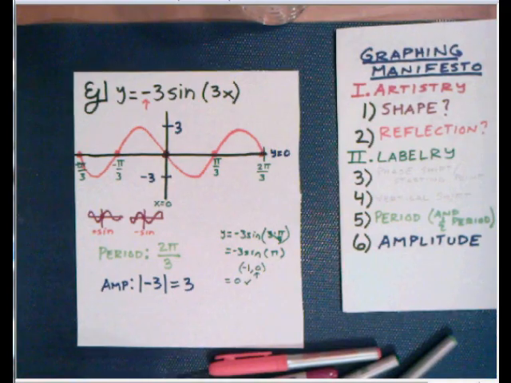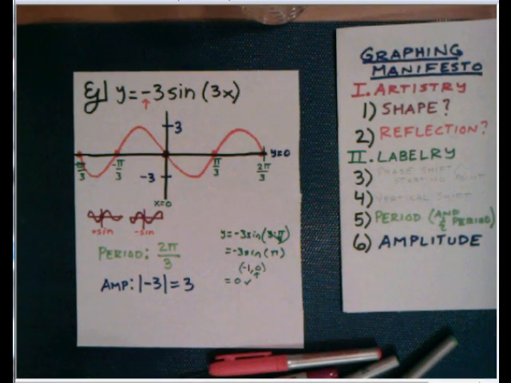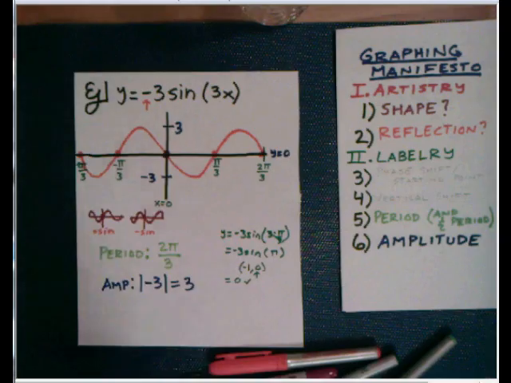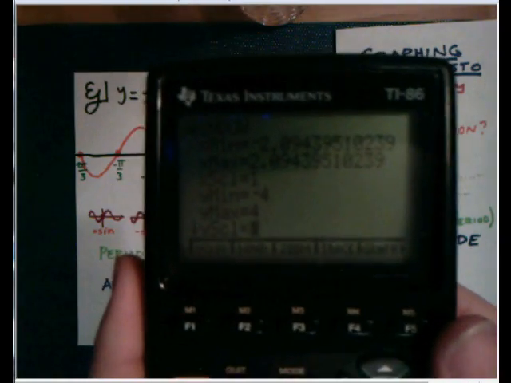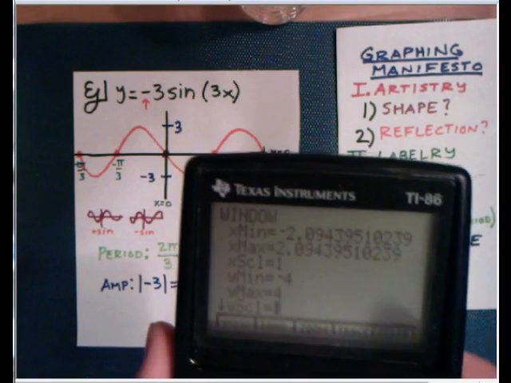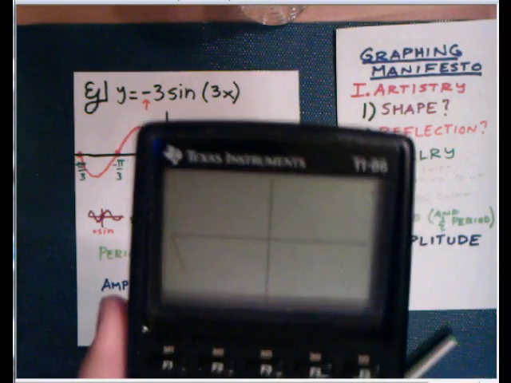For the scale, who really cares right now? I'm not going to worry about the scale for the moment. For the max and min, well, we got to go from negative 3 to 3 at least, so I'll give myself a little bit of room here. I'll go from negative 4 to 4 with a scale of 1. There, that looked good. Okay, so there we go. So now we've got the exact setup we have here. Let's see how similar our picture looks.